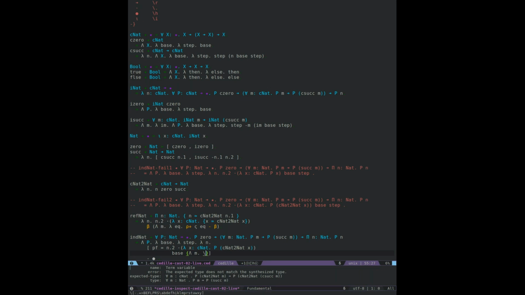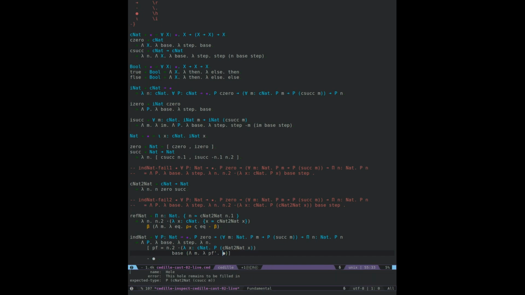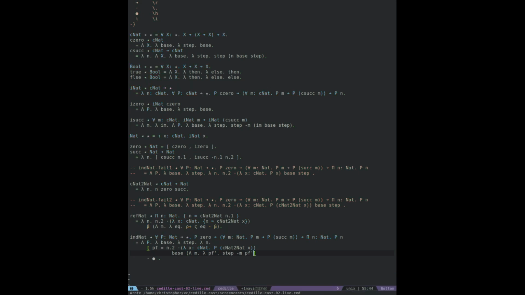Lambda m, lambda proof prime, I'm going to say step applied to step applied to m of PF prime.